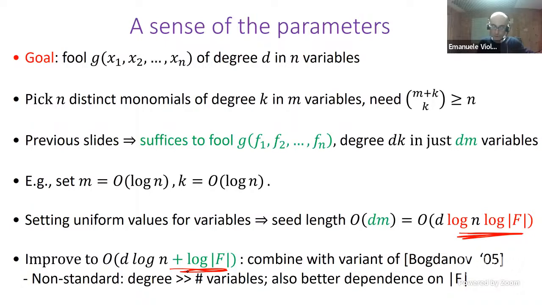And to achieve this, you need one more step. We combine the stuff that I just discussed with a variant of the Bogdanov generator based on the hitting set, and that actually allows us to decouple, to have an additive dependence on the field size.